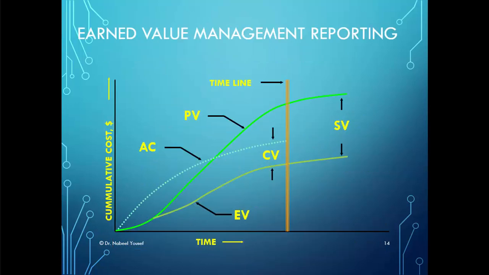The reporting graph with respect to time will include actual cost, planned cost, cost variance, schedule variance, and earned value. By looking at the graph, we will know if we are ahead of time or behind schedule, or if we are under budget or over budget.